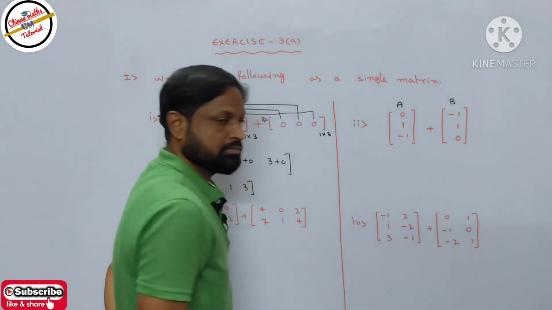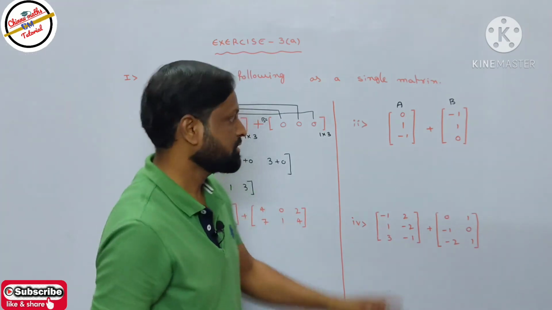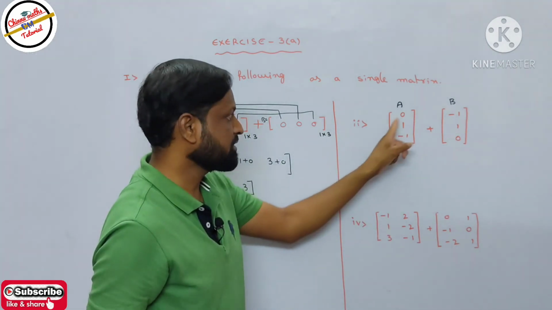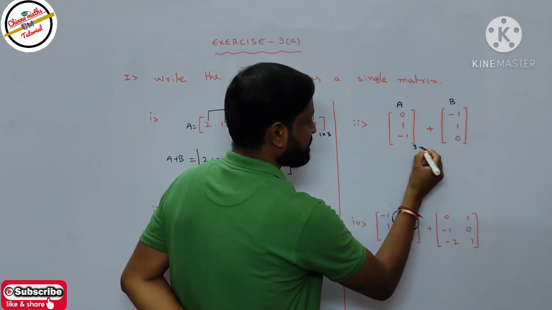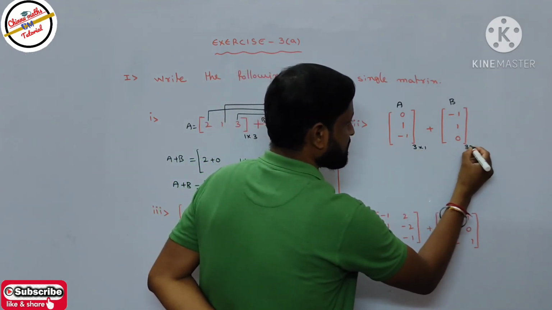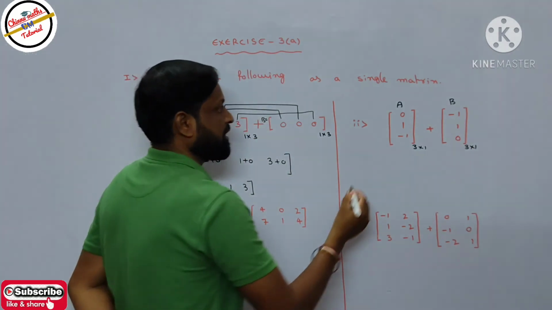Next, the second question. This is matrix A and this is matrix B. First you have to check whether the given two matrices have the same order or not. How many rows are there? 3 rows, 1 column, so it is 3 by 1. The other is also 3 rows and 1 column. The order must be the same, so add the corresponding elements.